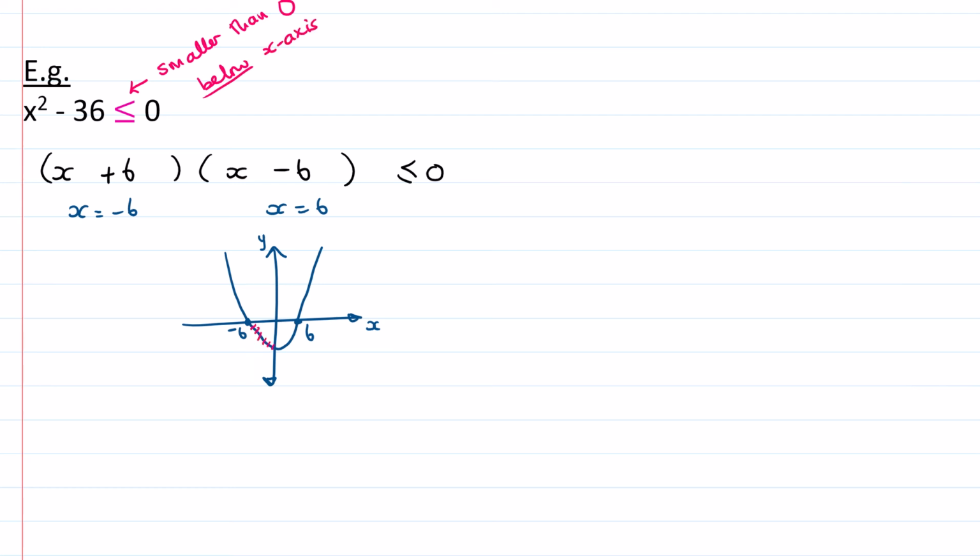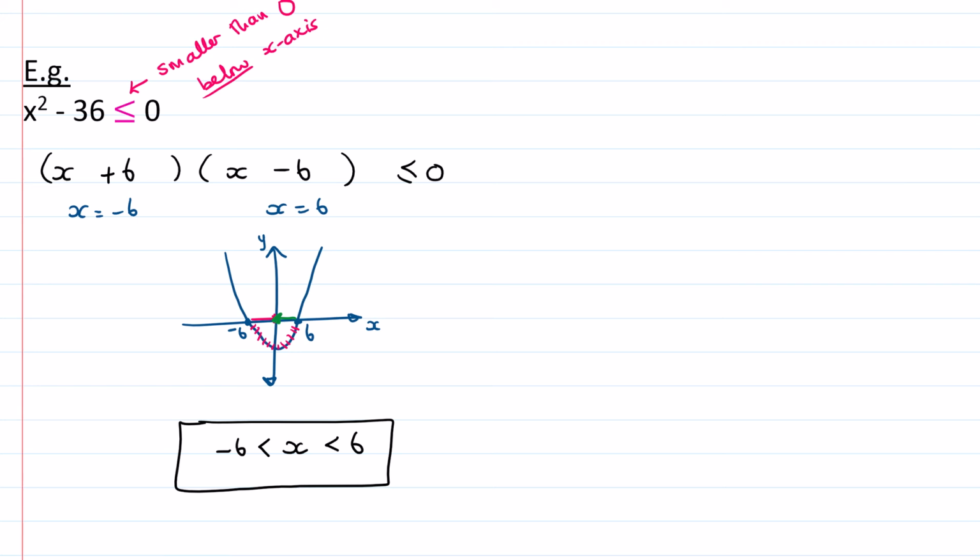So it's that section. And because it's just one section, not two separate sections, your inequality is going to be one inequality. X is going to be bigger than minus 6 because I'm going in that direction. So bigger than minus 6, and it is smaller than 6. And that's your answer.